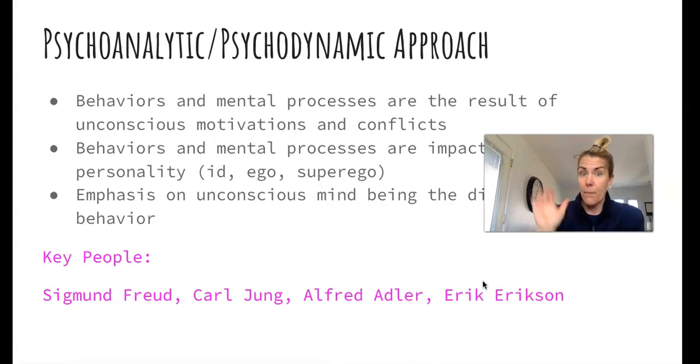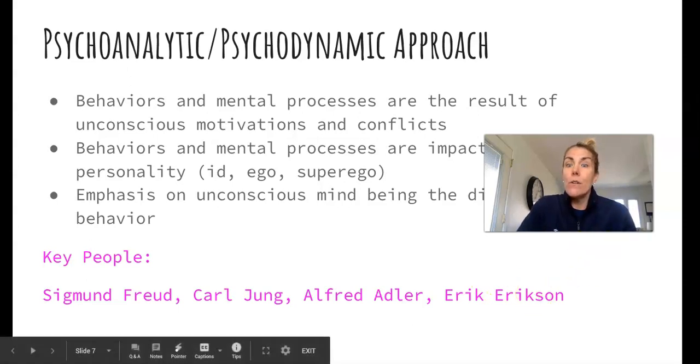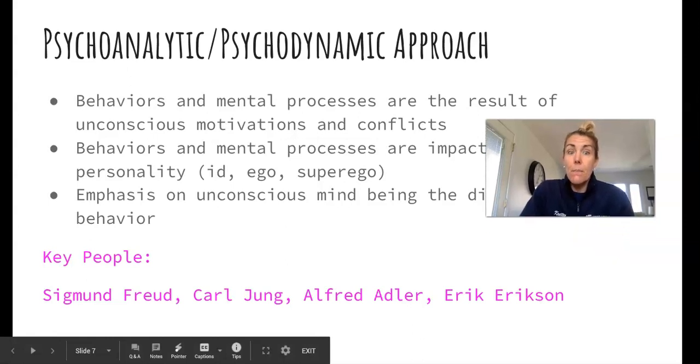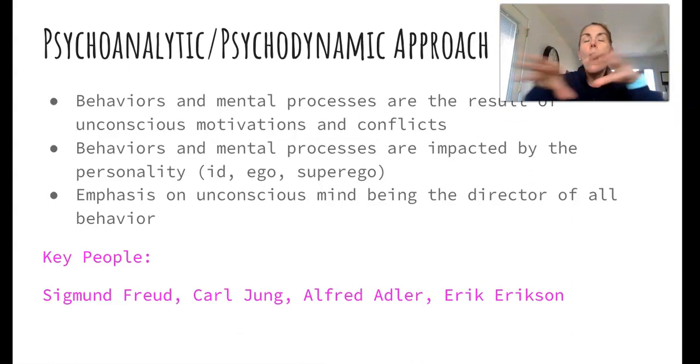psychoanalytic or psychodynamic approach. And remember, if we're looking at the hand, it's our thumb because it's things in the past. So behaviors and mental processes are the result of unconscious motivations and conflicts. Behaviors are impacted by the personality. Remember that whole id, ego, superego. We learned that in the personality unit, but that ego is always trying to mediate between the superego and the id.